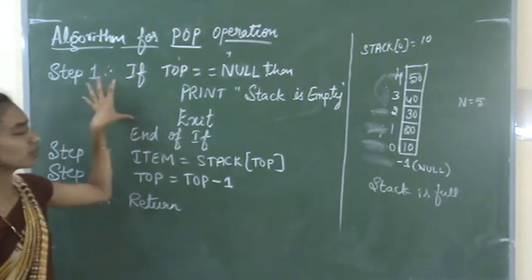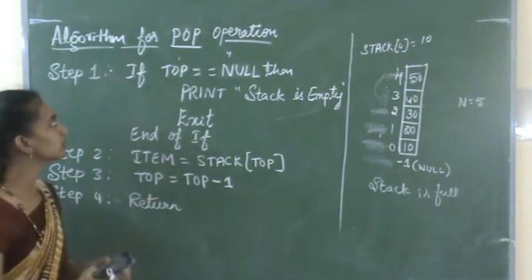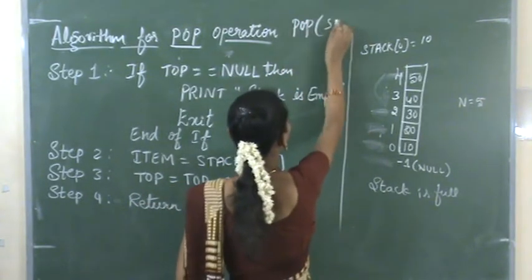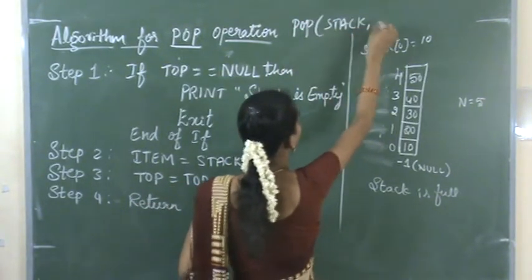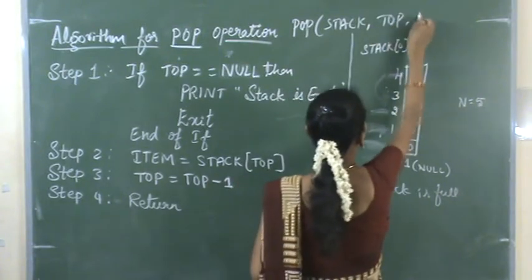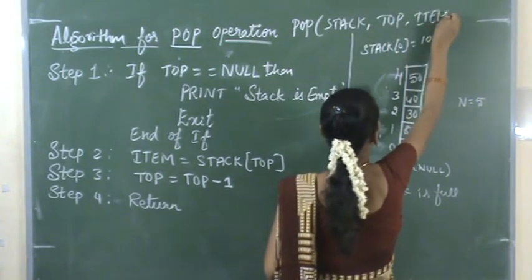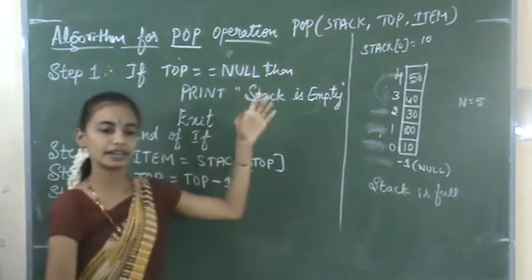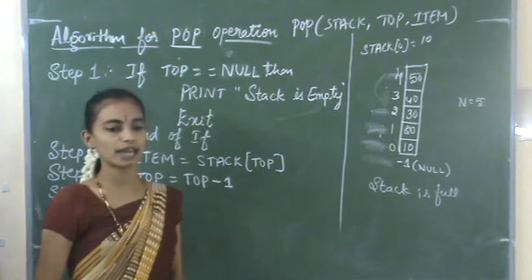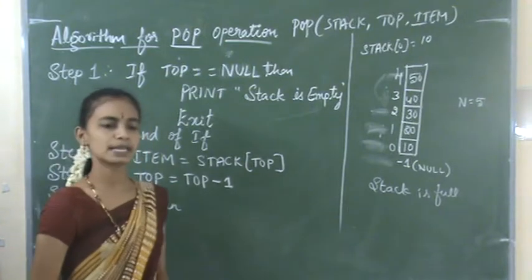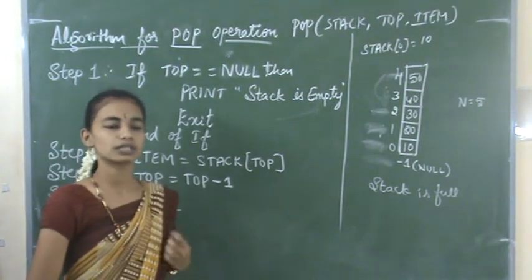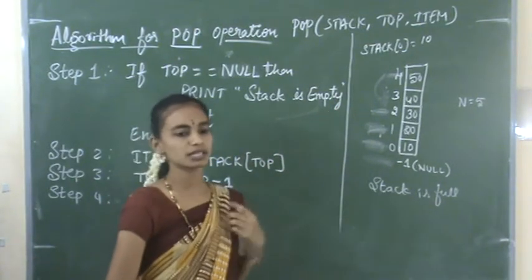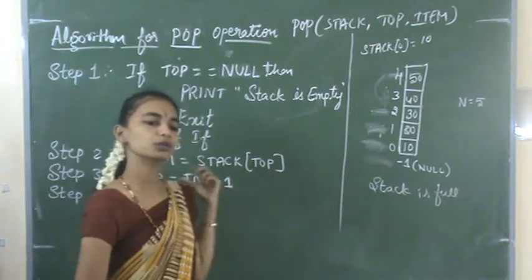So we are using a stack. It is an array which contains n number of elements, and top is a pointer variable that stores the top of the stack element, and item is the variable in which the removed element is stored.